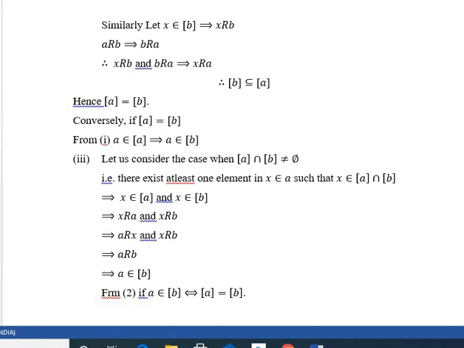That is, there exists at least one element x element of A such that x element of [a] intersection [b] implies x element of [a] and x element of [b], implies x related to a and x related to b, implies a related to x and x related to b, implies a related to b, implies a element of [b]. From 2, a element of [b] if and only if [a] equal to [b].